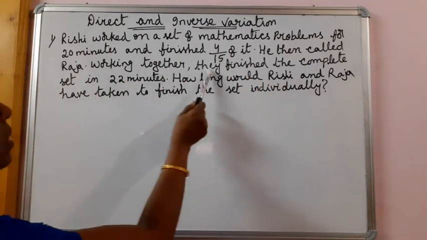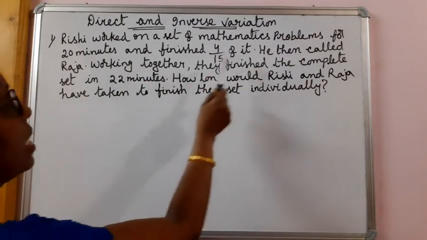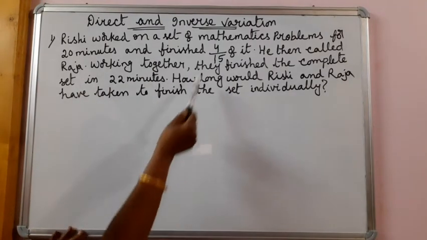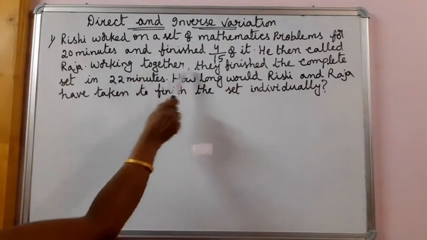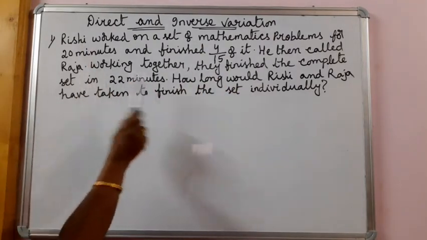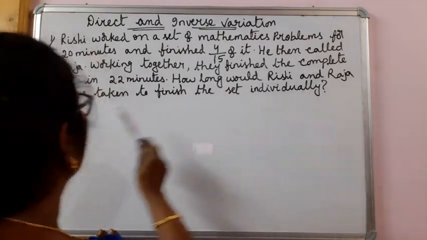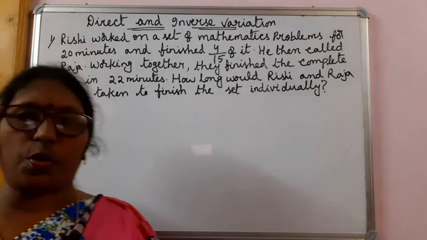Then they finished a complete set. Working together, they finished the complete set in 22 minutes. That means after doing 4 by 15 of the set, the remaining part both together, Rishi and Raza, did in 22 minutes. How long would Rishi and Raza have taken to finish the set individually?